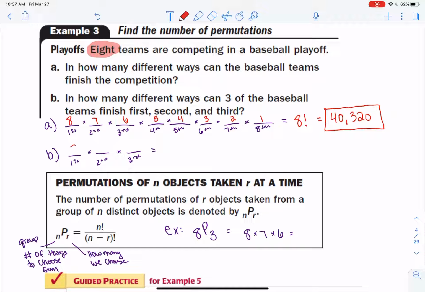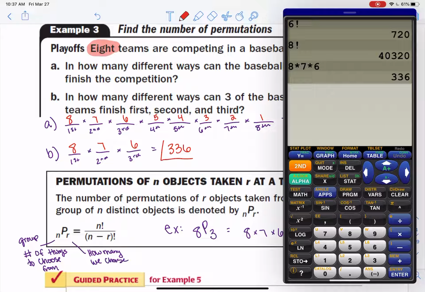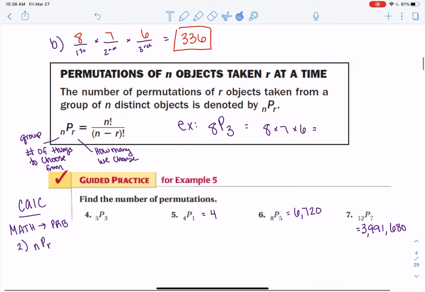For first place, we have 8 teams to choose from, then 7 teams, then 6 teams, but that's it. We don't continue. So I'm just going to take 8 times 7 times 6 in my calculator, and we get 336.